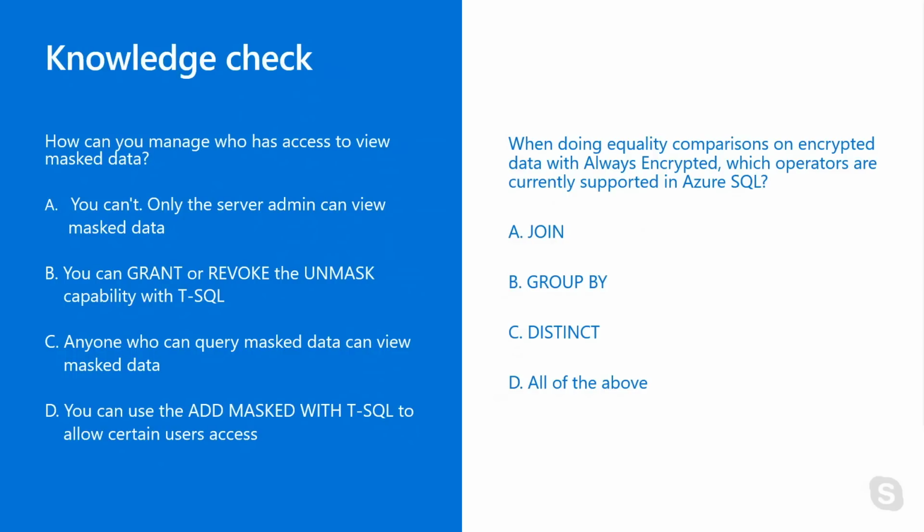I mean, I covered it, but it's not like I waved my hands when I did it. So I did talk about it in fairness, but you're tough, man. So we'll see if folks get this one. It says, when doing equality comparisons on encrypted data with something like Always Encrypted, which operators are currently supported in Azure SQL?